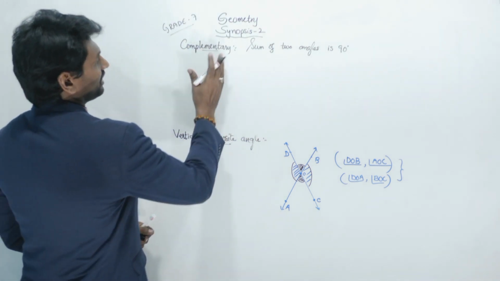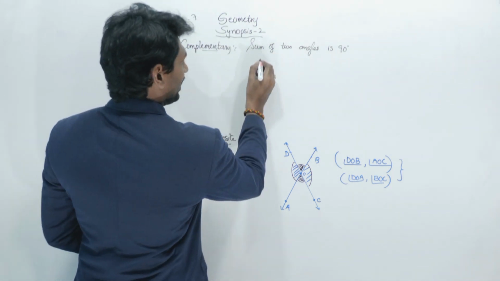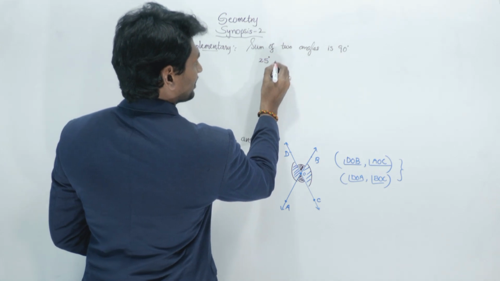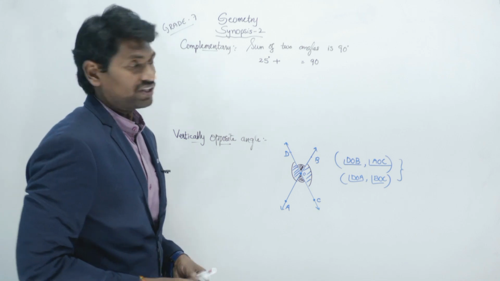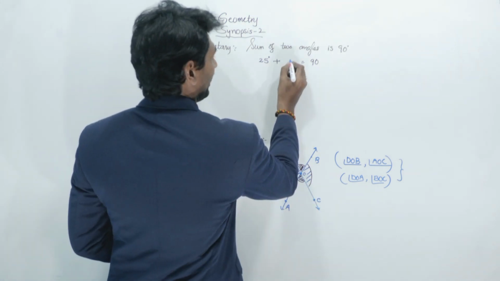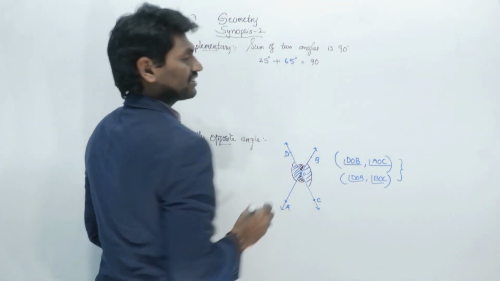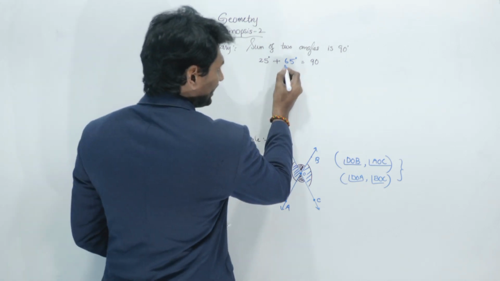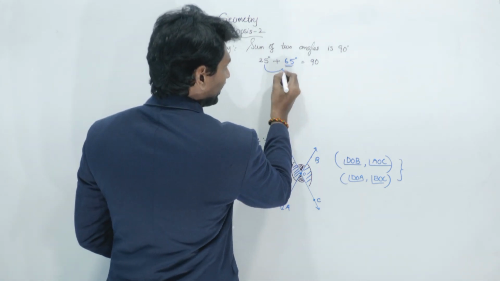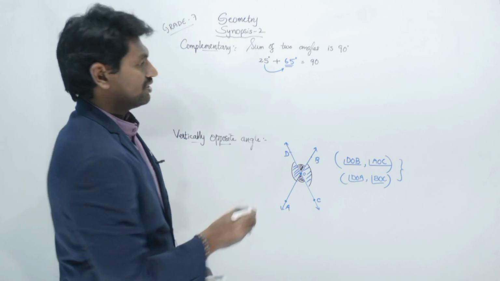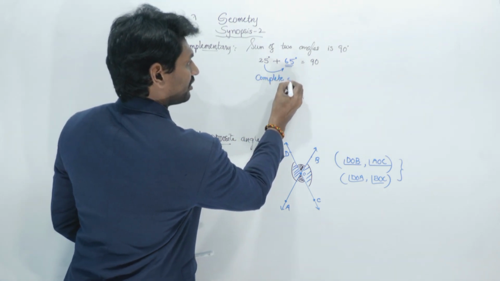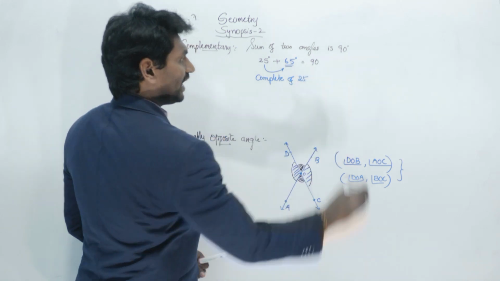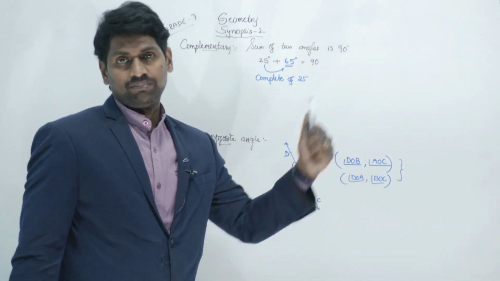Complement means 90 degrees. For example, I am taking 25 degrees. Then how much should I add to get 90 degrees? I should add 65 degrees. So this 65 is the complementary angle of 25, because if you add 65 to 25, then only it will be 90 degrees.